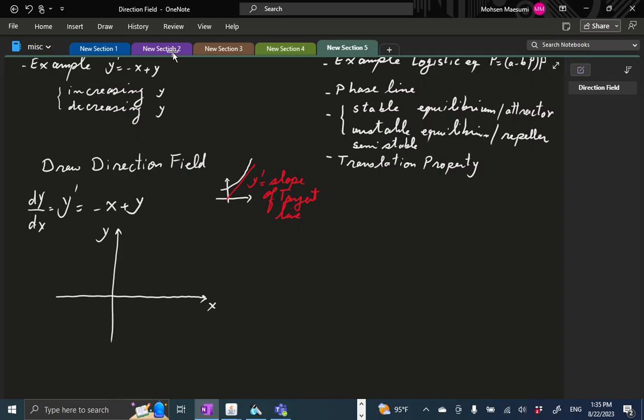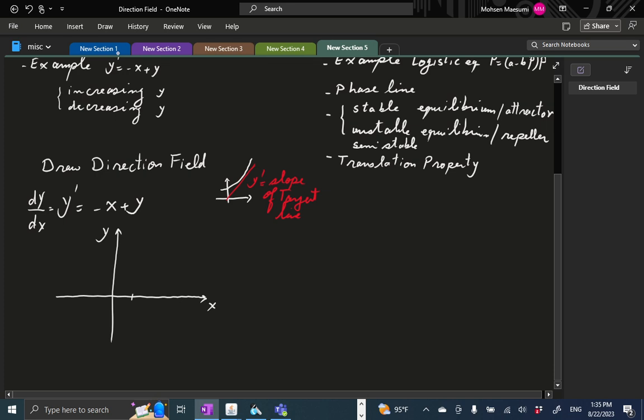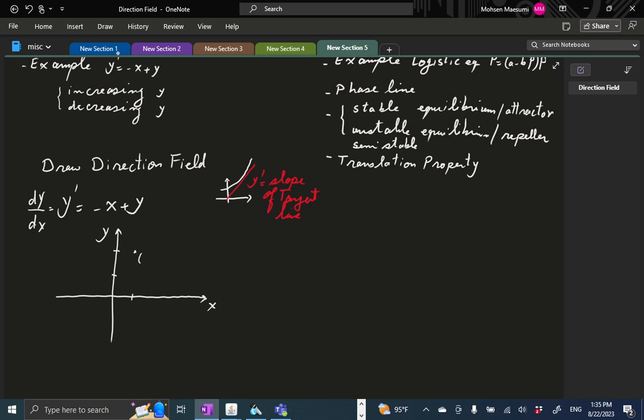How do we specify the slope? At any given point in the page, we tell you what the slope is. So for example, let's choose a particular point. Let's suppose I take x equal to 1 and y equal to 2. So here's the point (1, 2). Okay, how does my differential equation say anything?